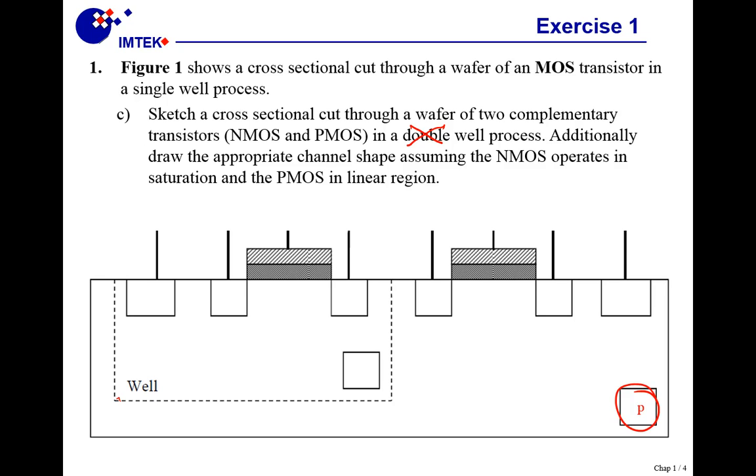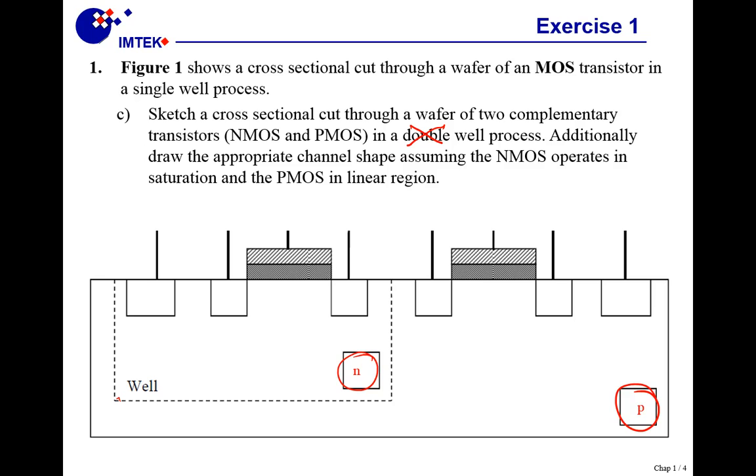And then in my well, I also have to define a doping. If I have a P here, then it's obvious that the next one will be an N-type well.